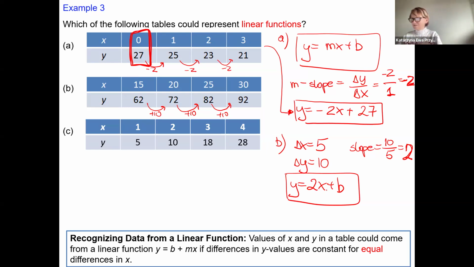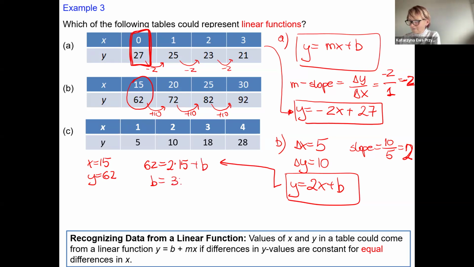How can we get the value? We have points that we can just use. For instance, we can use the first one. When x is 15 and the corresponding y is 62, I can just use this equation: 2 times 15 plus b equals 62, and you can solve for b.